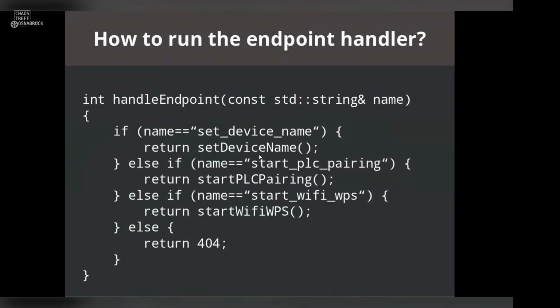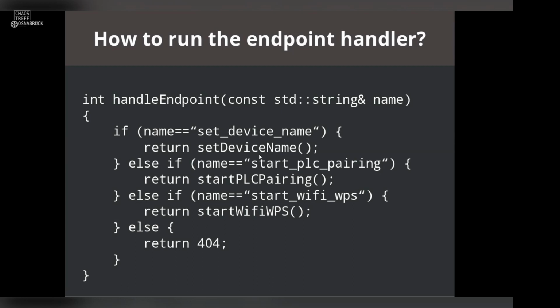So we have a function somewhere, which is called handle endpoint, which is somehow called from the library layer, from the web server, which has done all the parsing and which is now saying, okay, please execute this particular endpoint. And the name which is coming to the function is the final part of the URL, the name of the endpoint we want to execute.